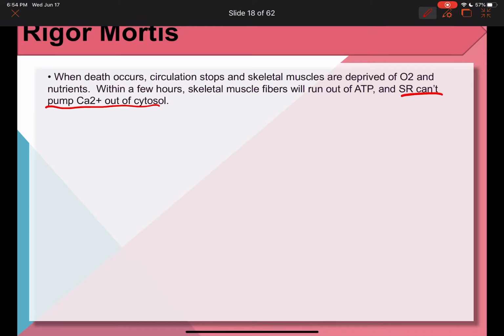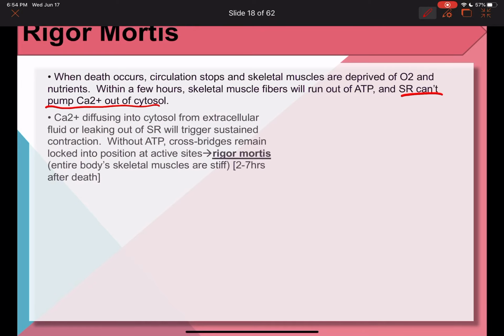The other spot where ATP is needed is that sarcoplasmic reticulum actually has to pump the calcium ions back in because there's lots of calcium ions in there. So it can be going against its gradient. Okay, so that's why it needs to be pumped back, which then requires ATP in order to do active transport of the calcium ions back into the sarcoplasmic reticulum.